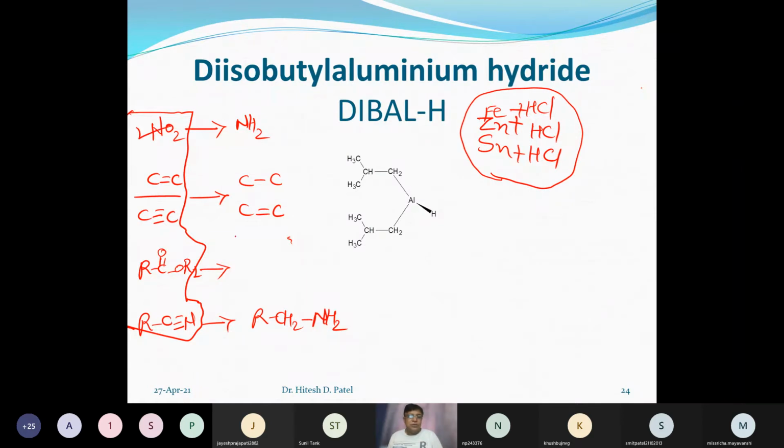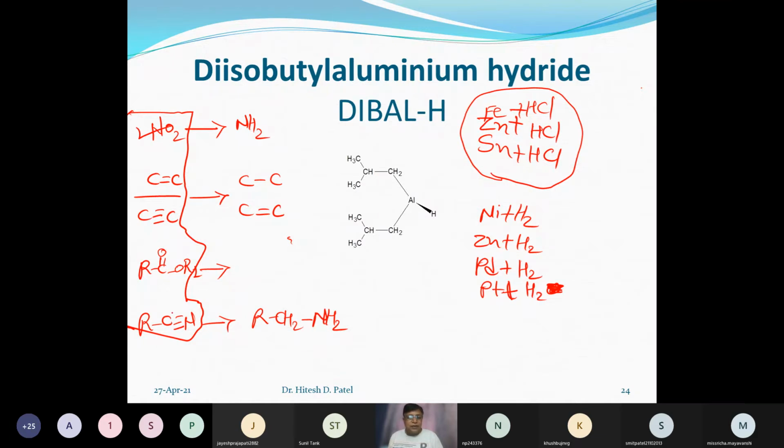Suppose if you want to convert C double bond C or C triple bond C, then we require normally nickel plus H2, zinc plus H2, Pd plus H2, Pt plus H2. It depends on which type of other attachments are there.